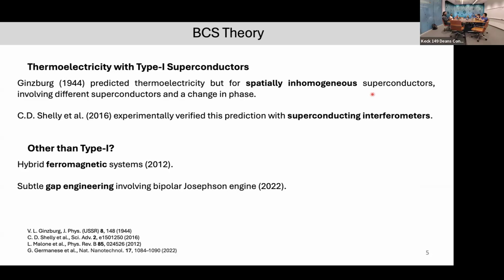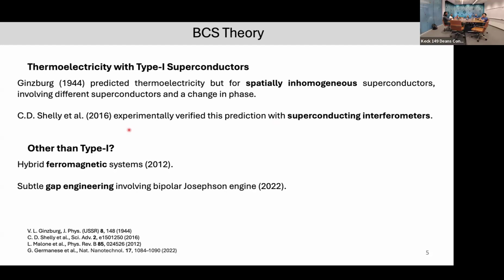Basically, he studied junctions of different superconductors involving different band gap values and different phases in them. And using that, you can get some thermoelectricity, but it took a while to experimentally verify it. People just recently verified it using superconducting interferometers.